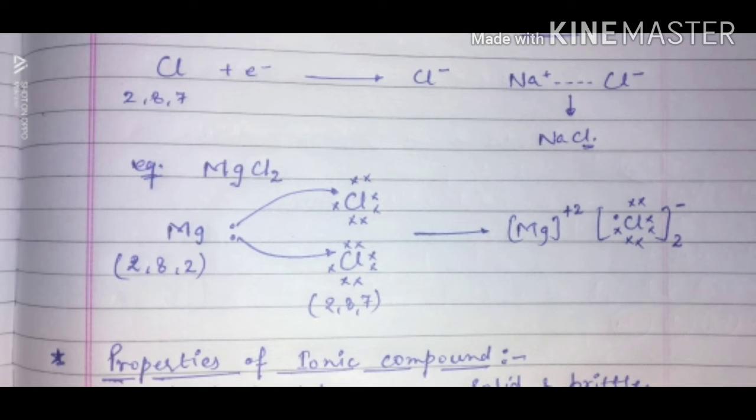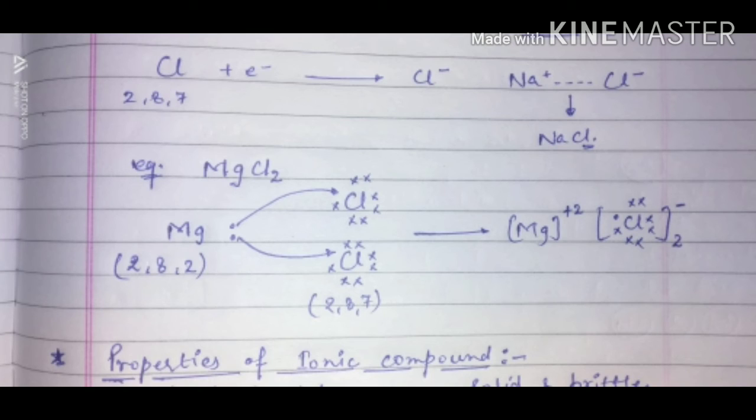One example is the electron transfer dot structure of magnesium chloride. First you need to know the configuration of magnesium. Magnesium has the electronic configuration 2, 8, 2 according to atomic number. And as I have told you, the electronic configuration of chlorine is 2, 8, 7. Chlorine requires one electron to gain the nearest noble gas configuration, while magnesium needs to release two electrons to get the configuration like neon.